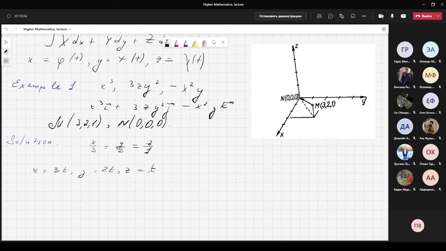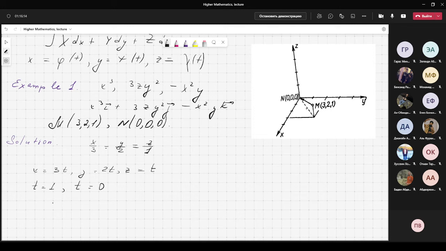Here, obviously, to the origin of the segment MN corresponds the value of the parameter t is 1, and to the terminus of the segment, the value t is 0.